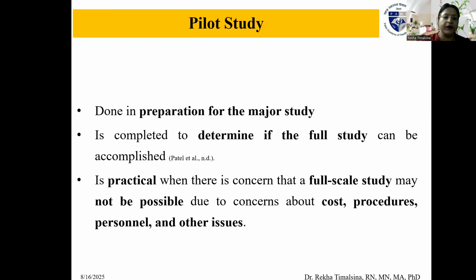It is done in preparation for the major studies and is completed to determine if the full study can be accomplished. It is also considered practical when there is concern that a full-scale study may not be possible due to concern about cost, procedures, personnel, and other issues.